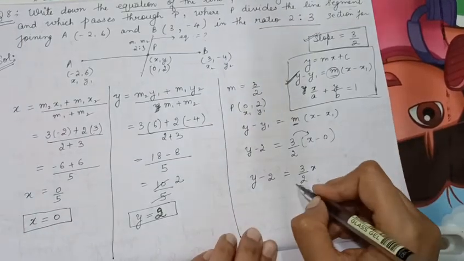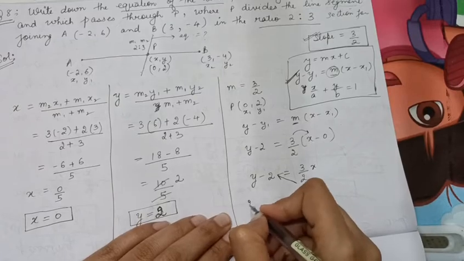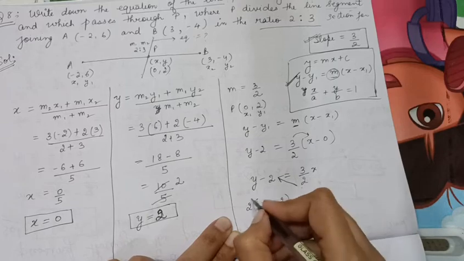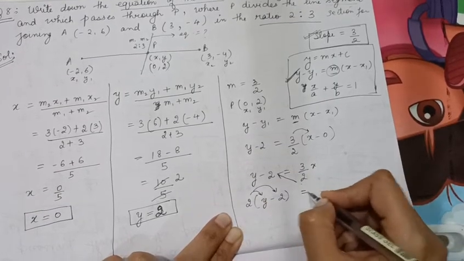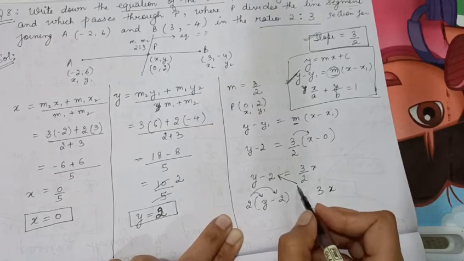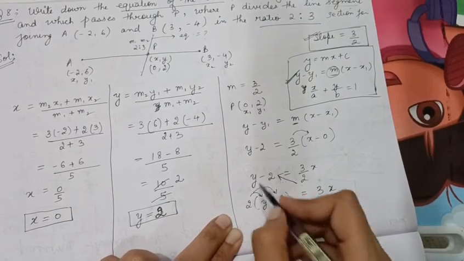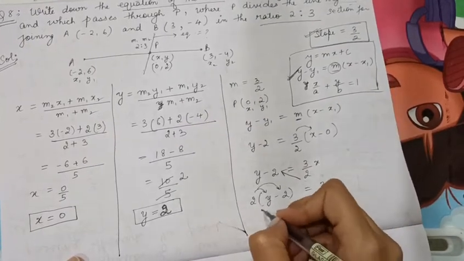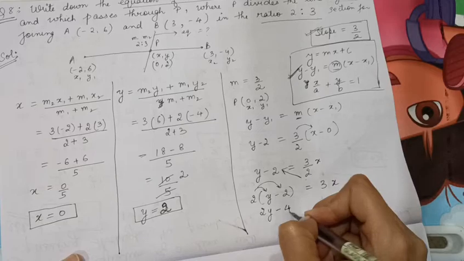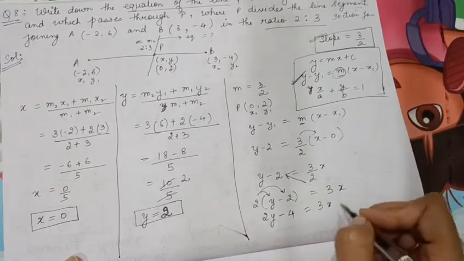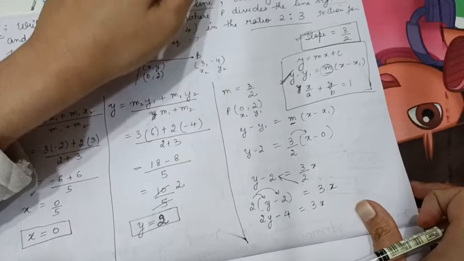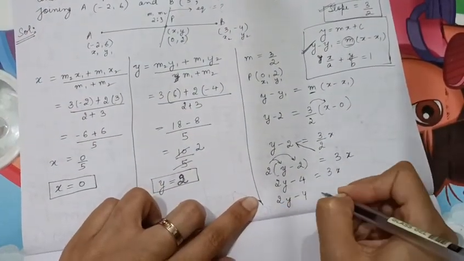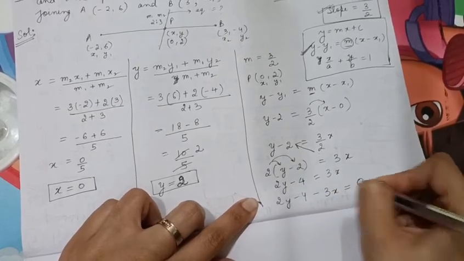So y minus 2 is equal to 3 by 2 x; there is no need to write the 0. This 2 we will shift to the other side, where it gets multiplied. So 2 into (y minus 2). When shifting to this side, make sure you multiply with both terms, because many times I have seen students multiply only the y and ignore the other term. So 2y minus 4 is equal to 3x. Now let's shift x to this side too: 2y minus 4 minus 3x is equal to 0.